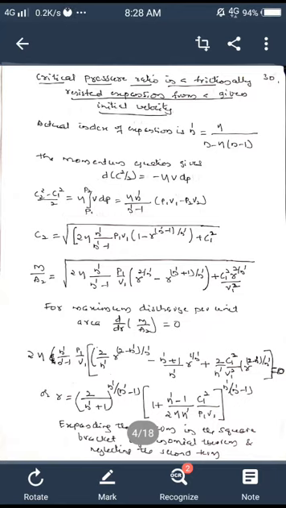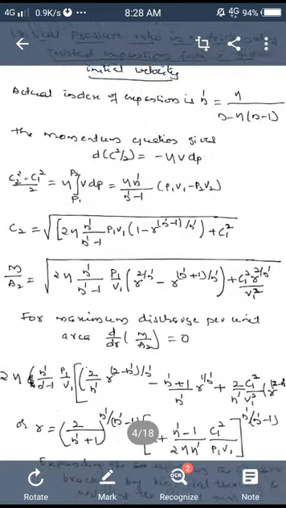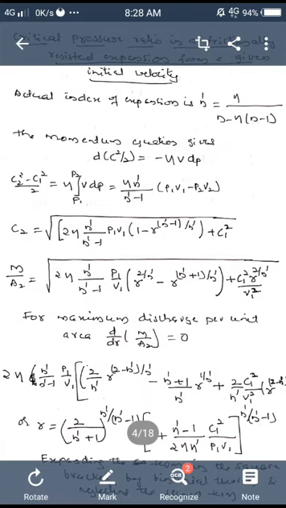Now we consider the initial steam velocity along with friction. The momentum equation is d(C²/2) = −η V dP, where η is the nozzle efficiency. So C2² − C1² = 2η ∫V dP from P1 to P2 = 2η n'/(n' − 1) (P1V1 − P2V2).